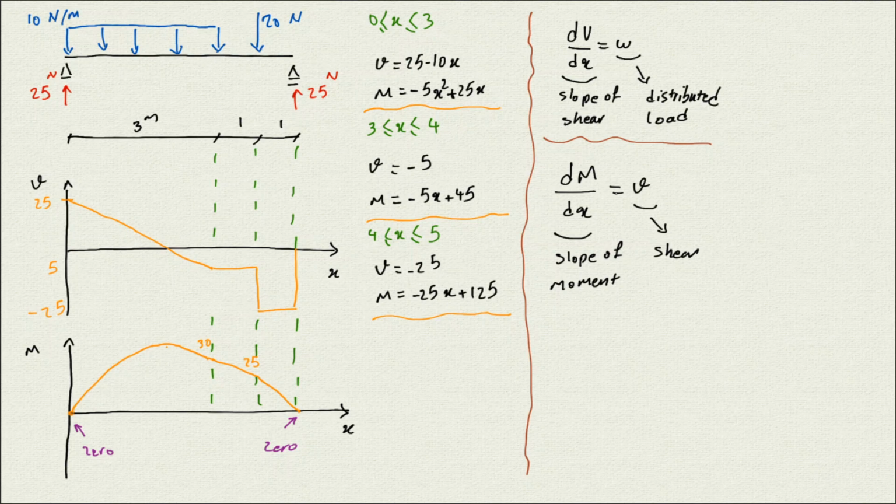Any time that we have the slope, for example here, this is the shear and this is the slope. So we can see that the slope of that line here is equal to the shear. The same here. So this is the slope and this is the shear, so they are the same.